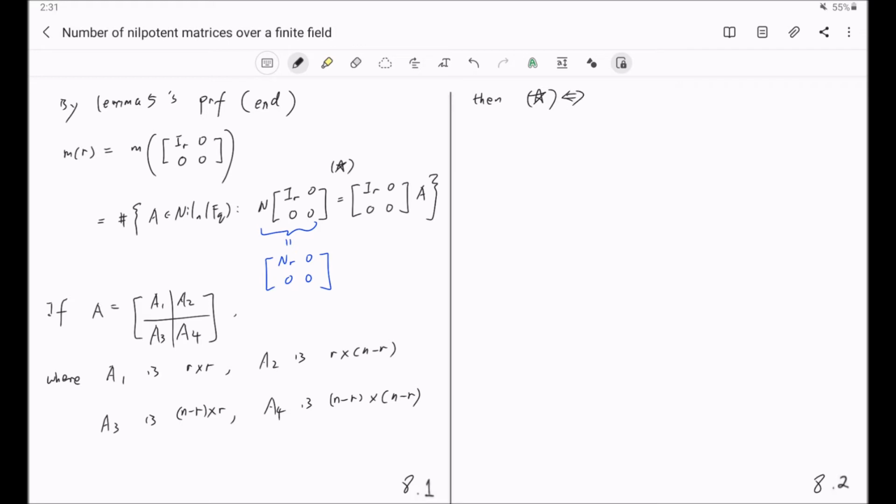Star is equivalent to N_r 0, 0, 0 being equal to I_r 0, 0, 0 times A1, A2, A3, A4. And if you compute this, this is just A1, A2, 0, 0 by the multiplication of block matrices.